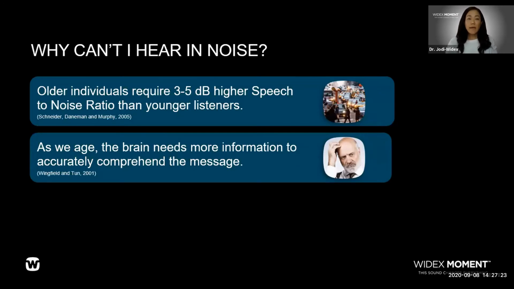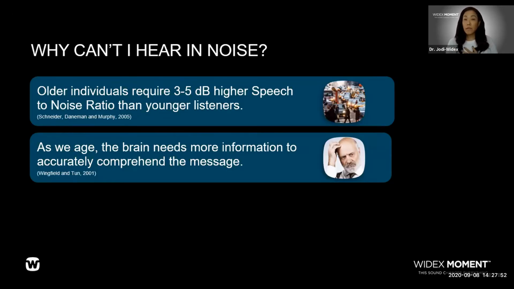So we know that, why can you hear but you can't understand? And more importantly, why is it harder for many of us in noise? When you get older, you actually require a louder signal, or somebody to speak at a little bit higher intensity or volume than your typical, let's say, 20-year-old or 30-year-old.